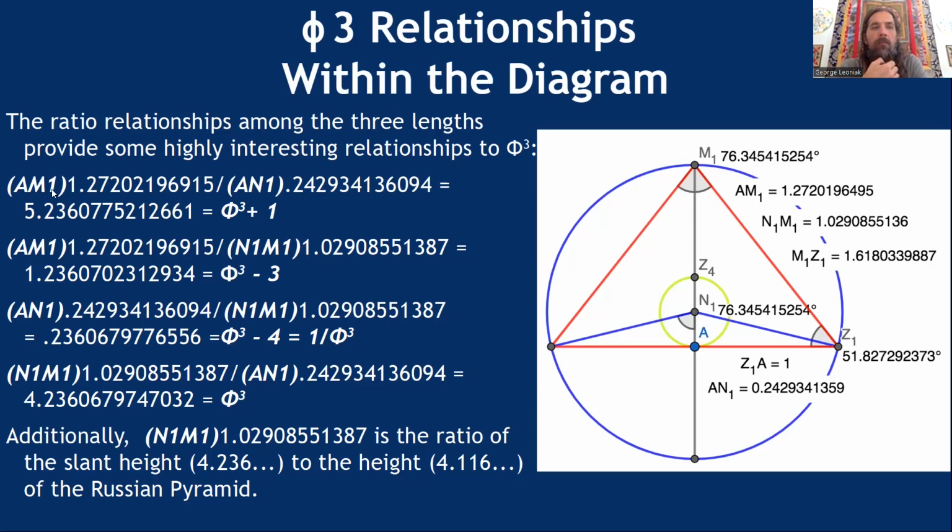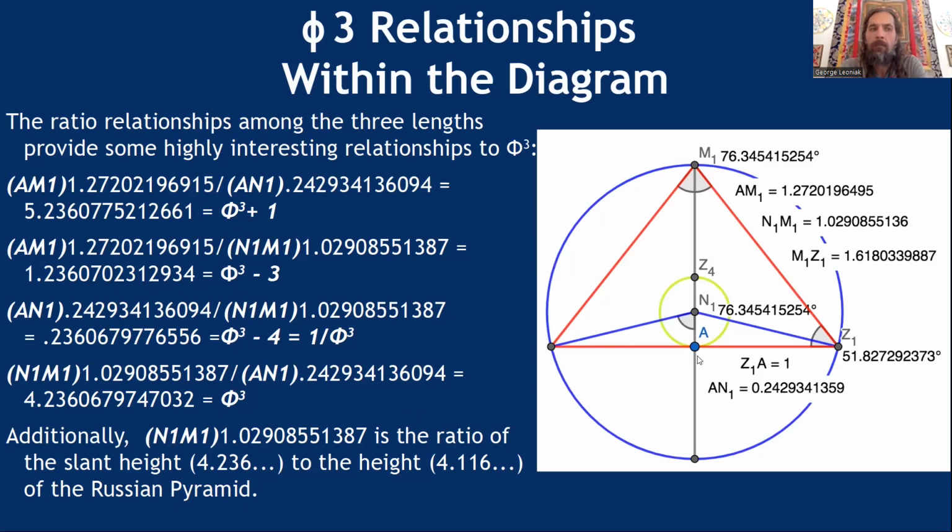In the first case, if we take AM1, which is from midpoint up to the top, that's 1.272, and we divide that by AN1, which is 0.24293, we end up with 5.236, which is phi cubed, which is 4.236 plus 1. So we've got the phi cubed relationship in that ratio.